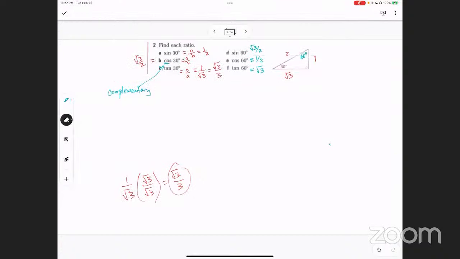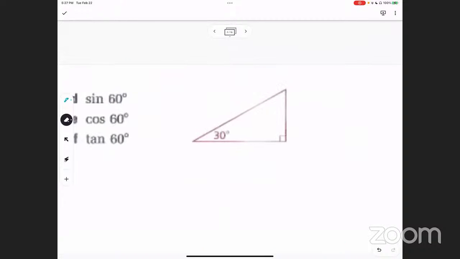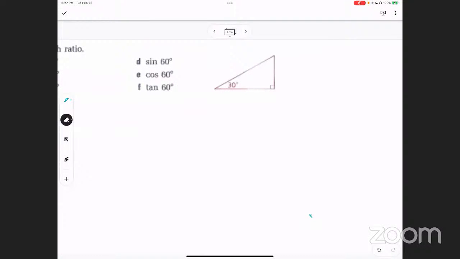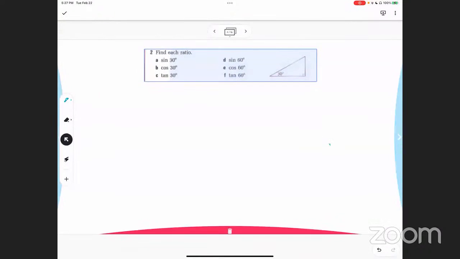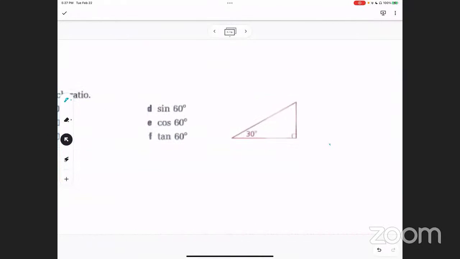Because what the unit circle is, you saw that it didn't matter what the lengths were, right? So if I take this triangle and put it inside a circle and put the origin right here, sorry, I'm getting ahead of myself.